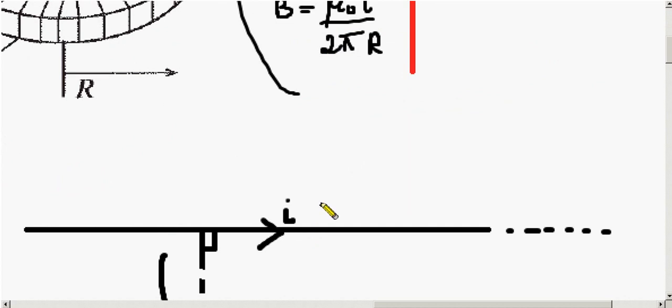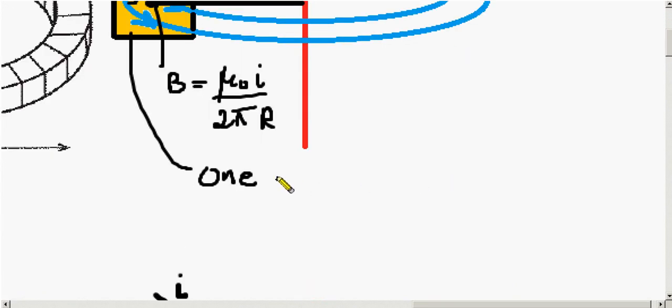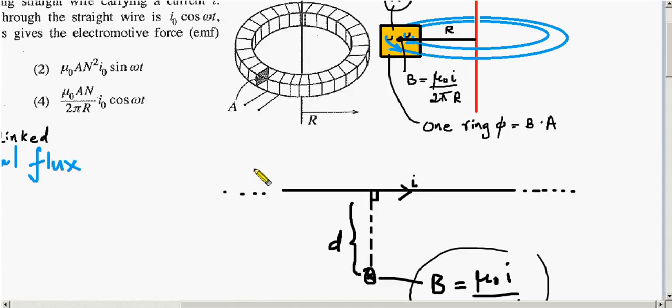So just the flux through this one ring, sometimes we say loop, they call this one ring. Through one ring flux is B times capital A, since the area is A. So this is the flux through one ring.